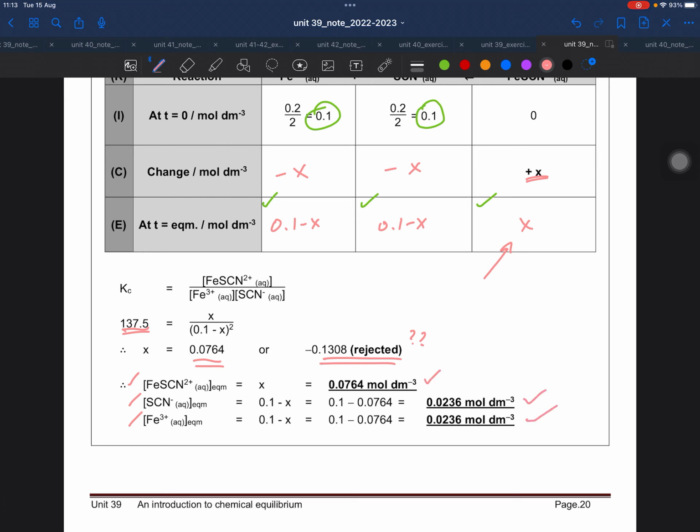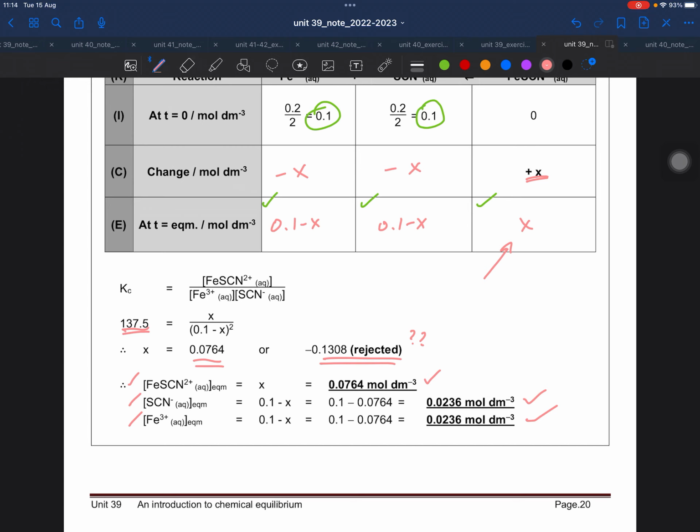I will say this is the most difficult part already. You need to solve the quadratic equation and determine which one should be rejected, by your own chemical knowledge.